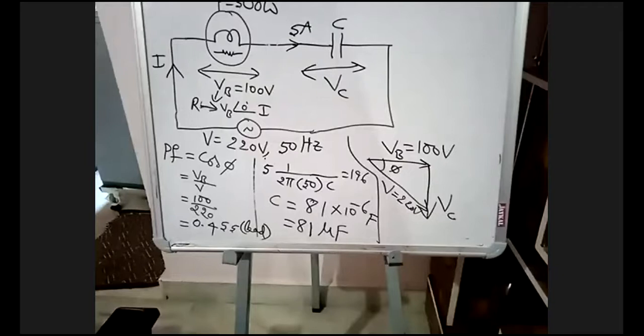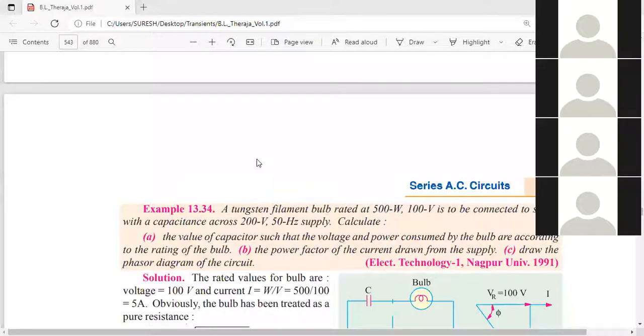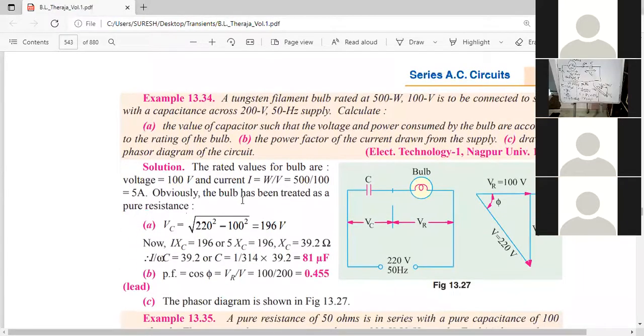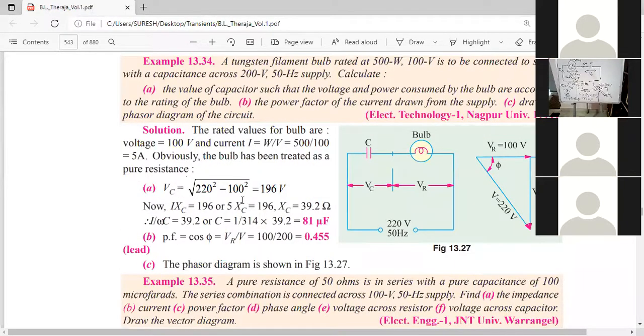Okay. Nawaz. See, this is the problem. This is the solution you have done. Next, we'll go to the next problem.